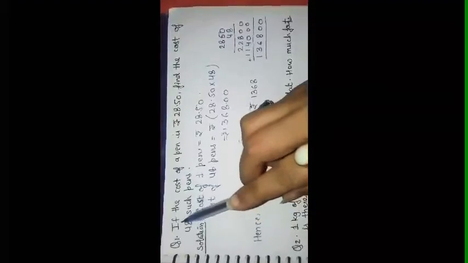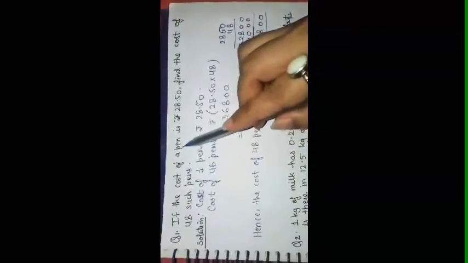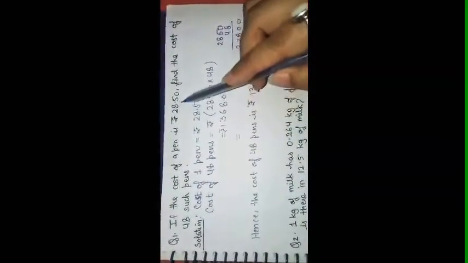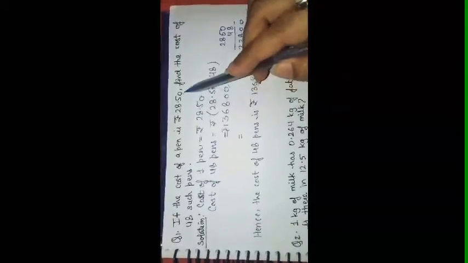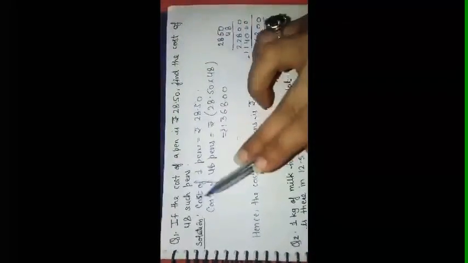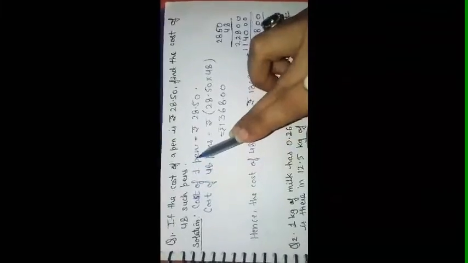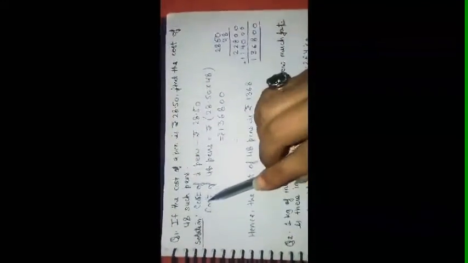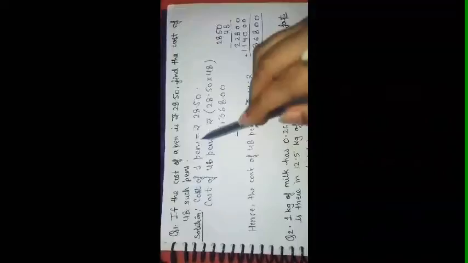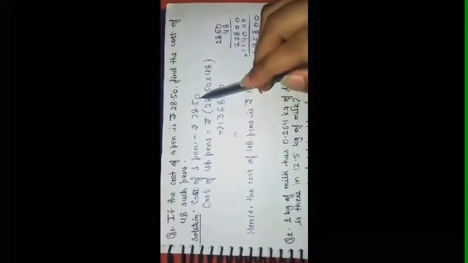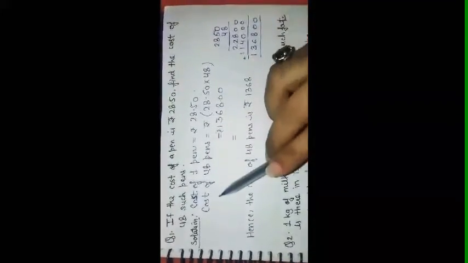Next question. If the cost of a pen is rupees 28.50, find the cost of 48 such pens. Here, first, the cost of one pen is 28 rupees 50 paise.